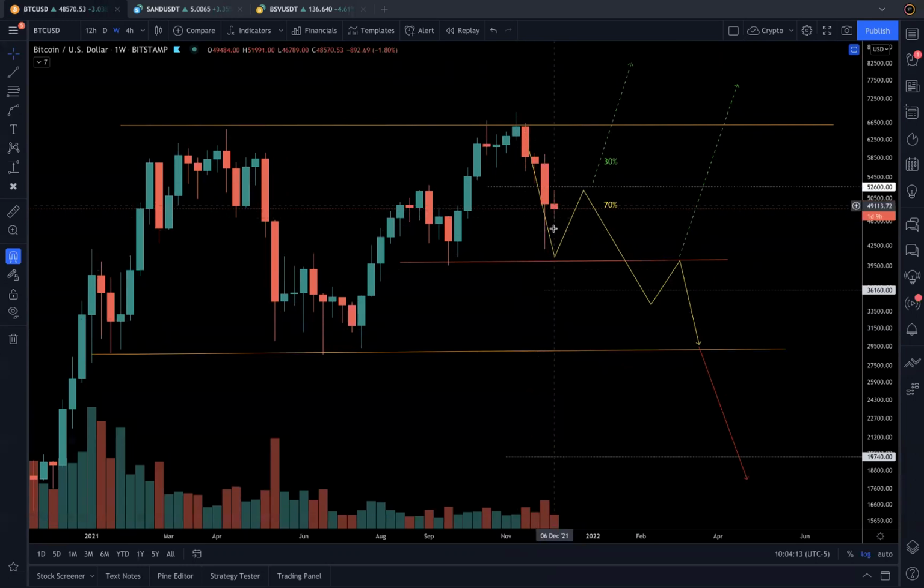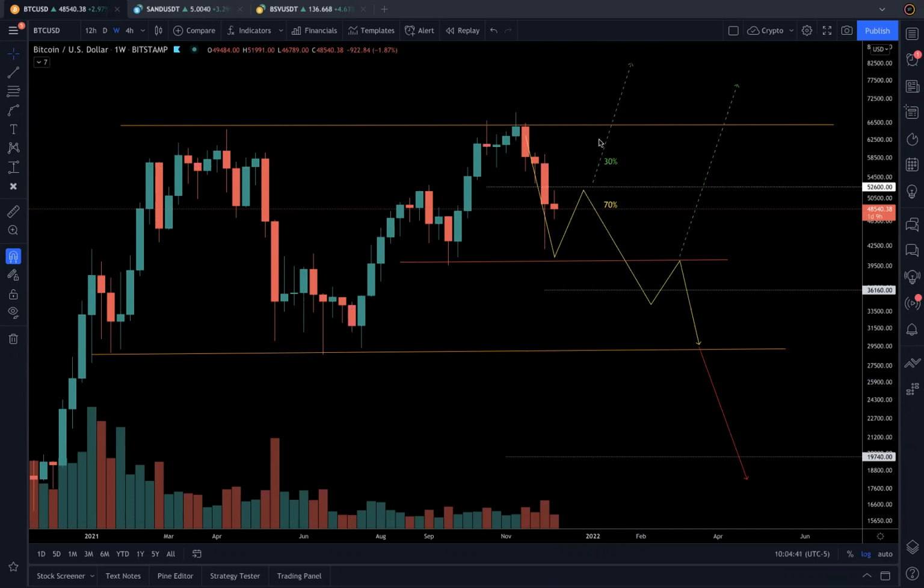Right. So weekly, if you look at it, it tried to break above, rejected. So still, the 70% probability of following the yellow path is there, 30% for the upside. If it breaks above the white level, I'll make it 50-50. If it comes to this level, then it will be 70 upside, 30 downside, and so on.